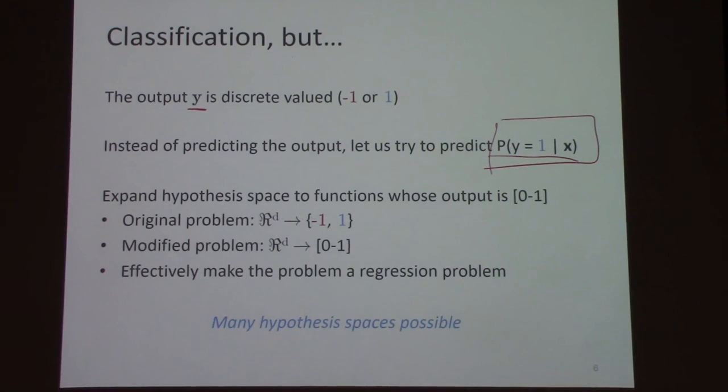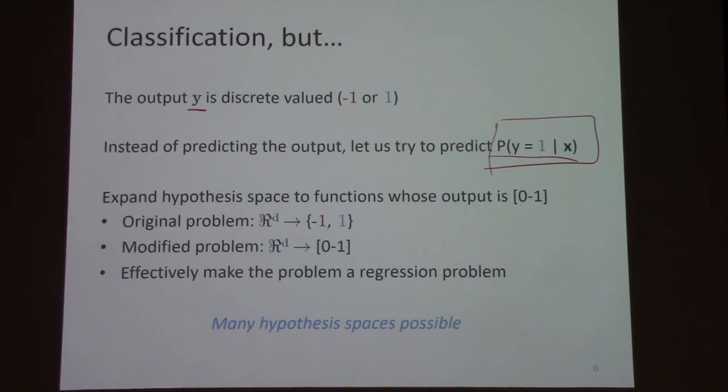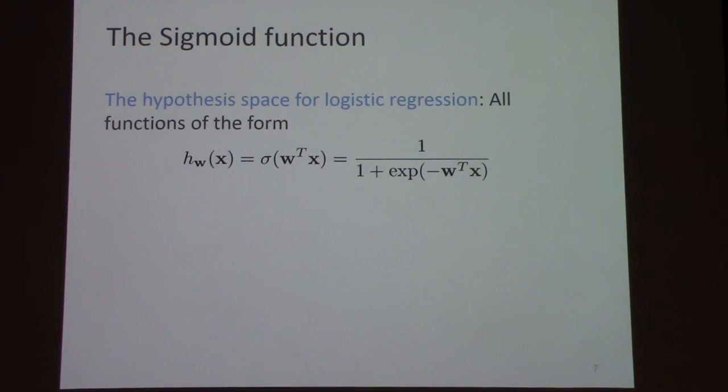And now I need to think about what is a good hypothesis space. There are many possible, but the characteristic of this hypothesis space is that we need functions that can take d-dimensional vectors and produce numbers between 0 and 1. You cannot do linear regression, because linear regression will not produce numbers between 0 and 1. What logistic regression says is we're going to take all functions which satisfy this functional form.